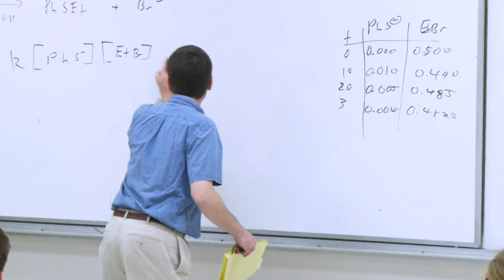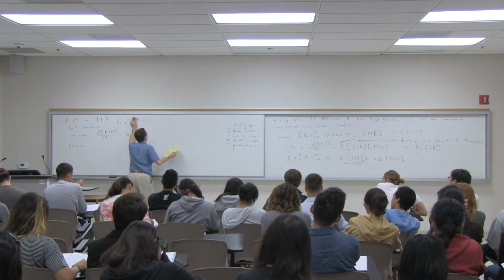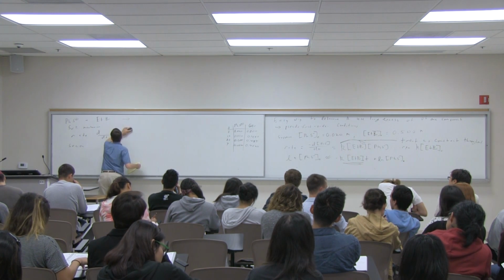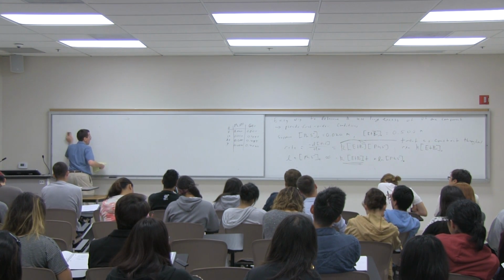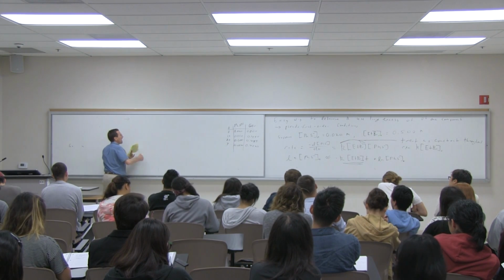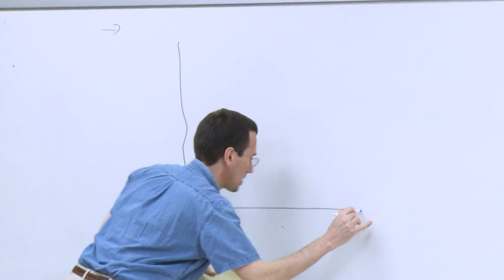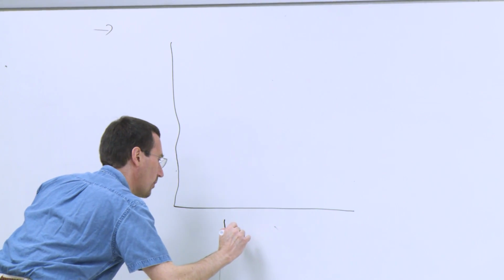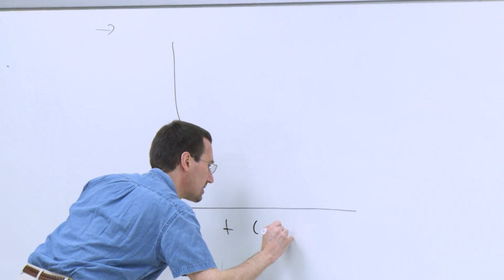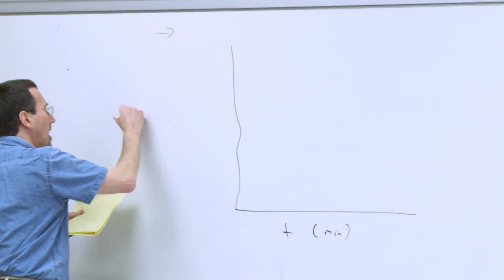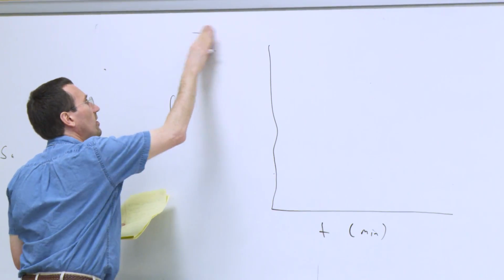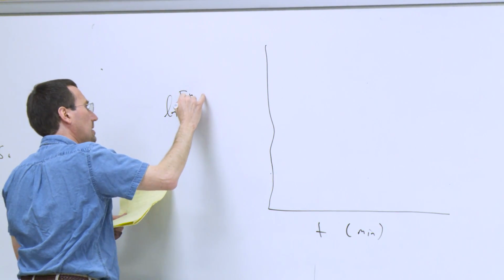And so in the end, if we were to analyze the data set that we would generate from this experiment, we'd be able to extract out our rate constant. So we would have a graph much like this, where now we had our time in minutes, and we had our natural log of benzene thiolate.